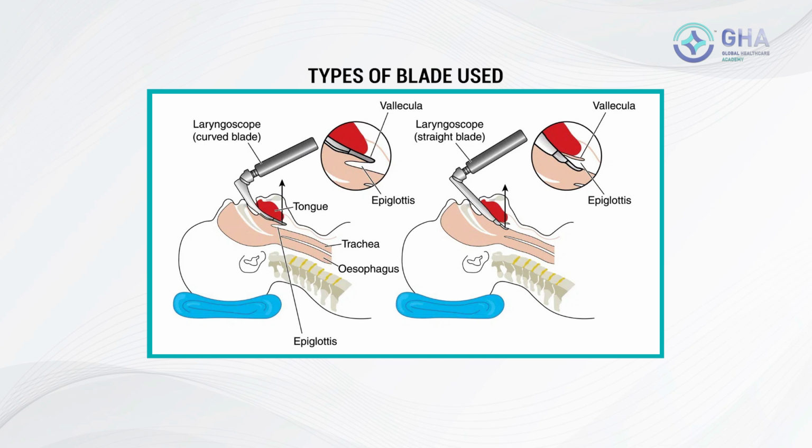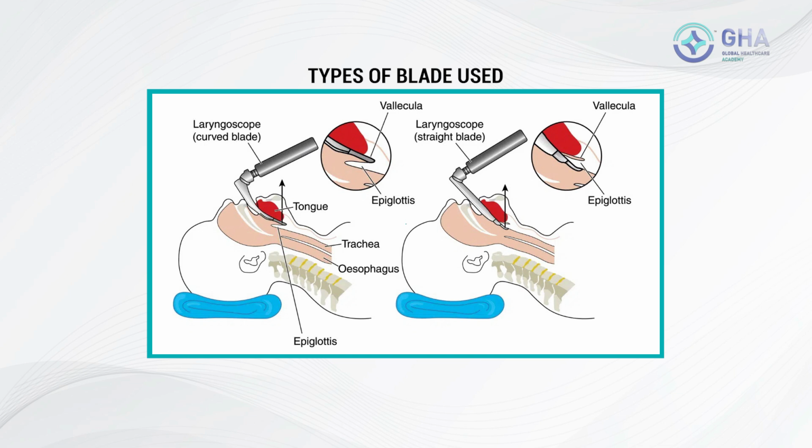The curved blades are designed to be placed in the vallecula, the space between the epiglottis and the posterior pharyngeal wall. It doesn't push the tongue forward and lift the soft tissues. So it's important that we use a straight blade because the larynx is higher in the neck. They have a short chin, a short neck and a large tongue which you have to displace, which can be done easily with the straight blade.